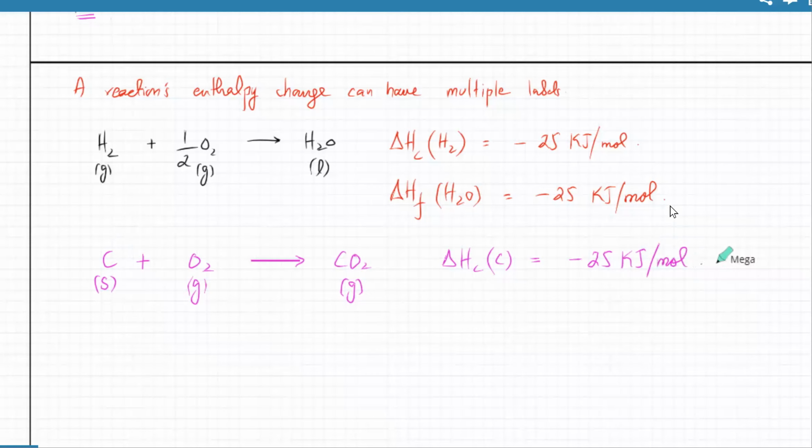I can also call it the enthalpy of formation of carbon dioxide, which would have exactly the same value, because 1 mole of carbon dioxide is formed from its constituent two elements, carbon and oxygen. Different labels can be assigned to the same reaction.